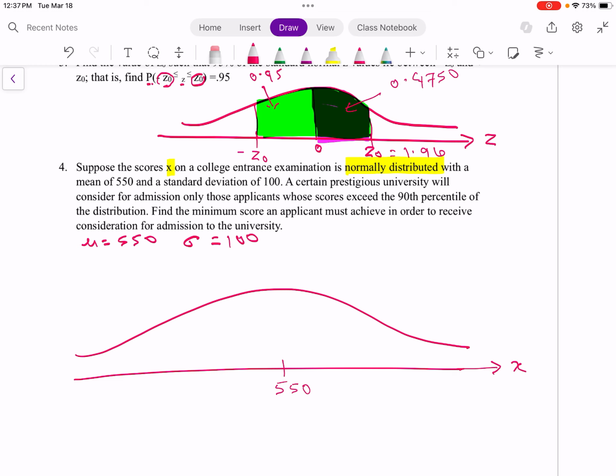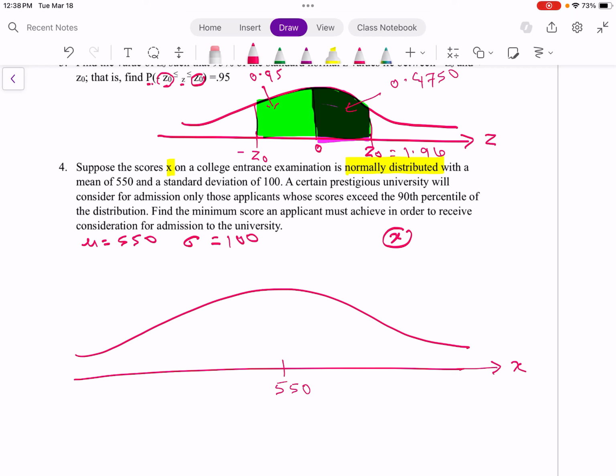So, for example, your score is, let's call it X. We don't know what that score is, so let me call your score X. What does it mean that this X is at the 90th percentile? So 90% of the students are below it.